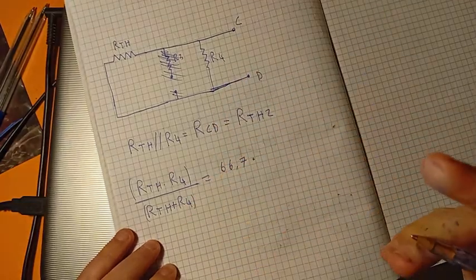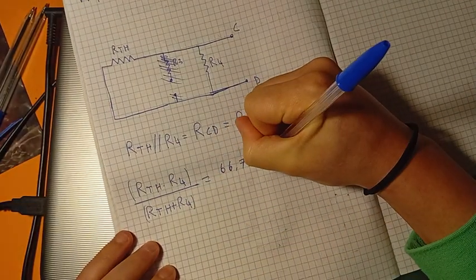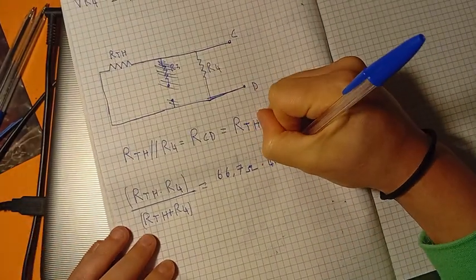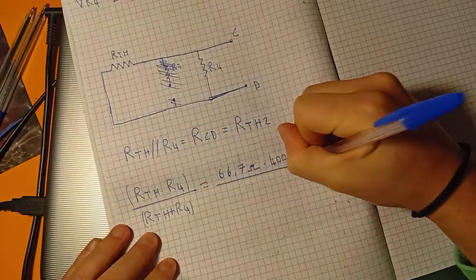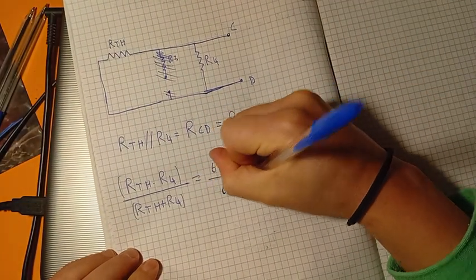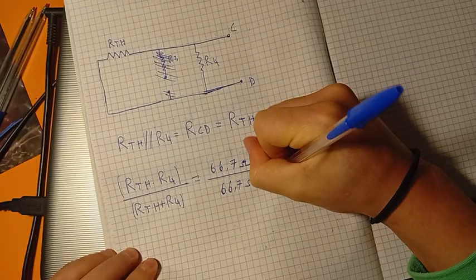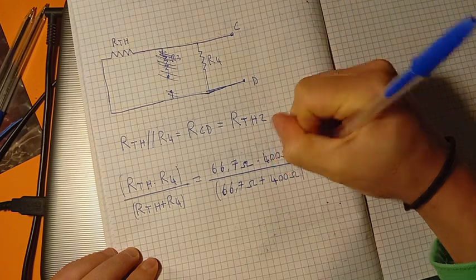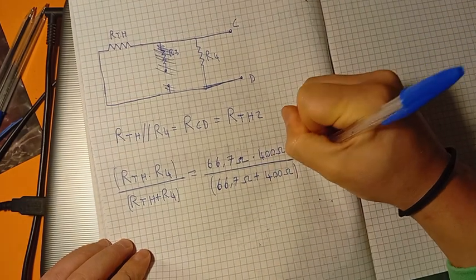Multiplied by R4, which is 400. And down here, we have 66.7 plus 400. So we have to do this.